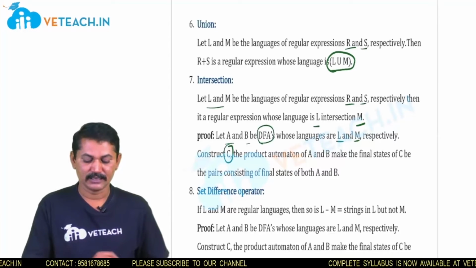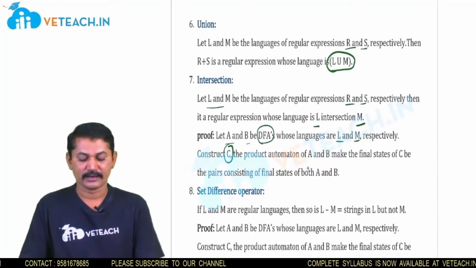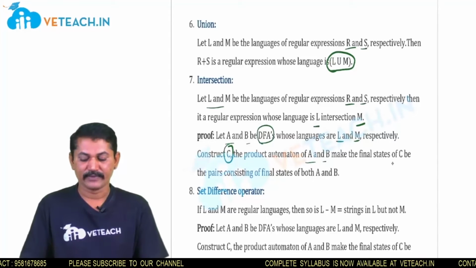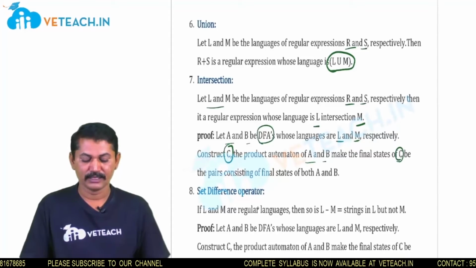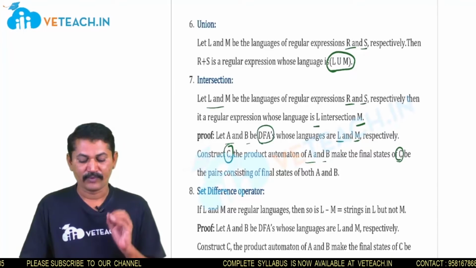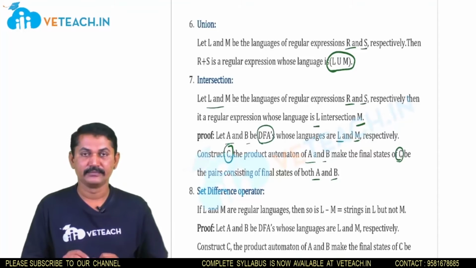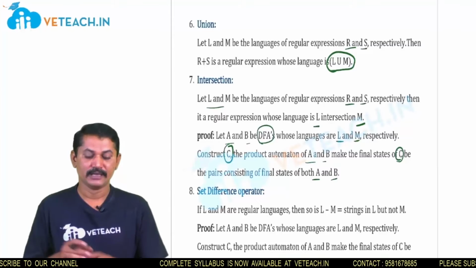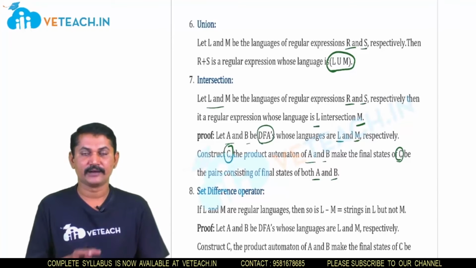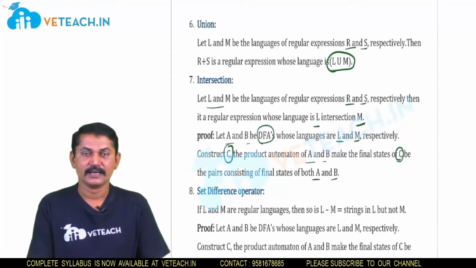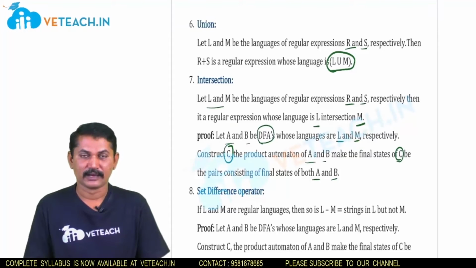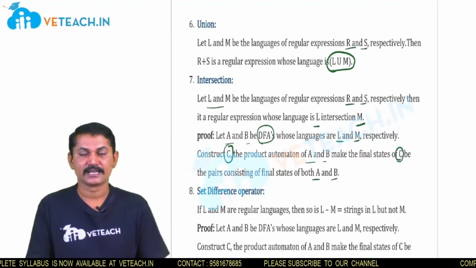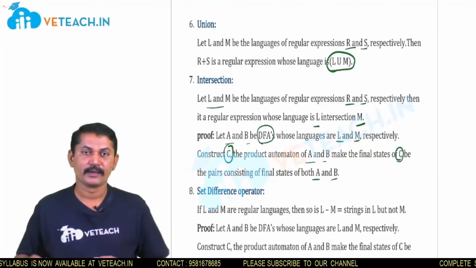Construct C, the product automaton of A and B, and make the final states of C the pairs consisting of final states of both A and B. That means both are final states. Then we can say that the intersection of the DFAs is under the regular languages. So intersection also follows the property.